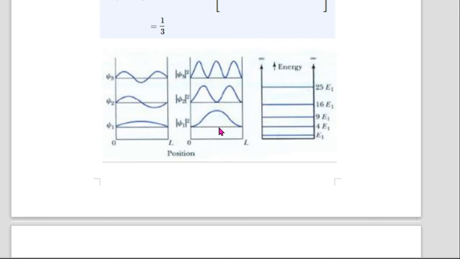For that matter, any quantum level, half of the box means probability is half. Let the quantum number value be anything. That is it. For n equals 2, also the same is true. And you can see that every quarter of the box, the probability will be the same for n is equal to 2. n is equal to 4 also, that will be true.